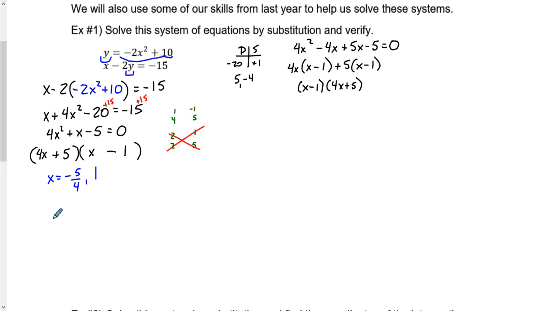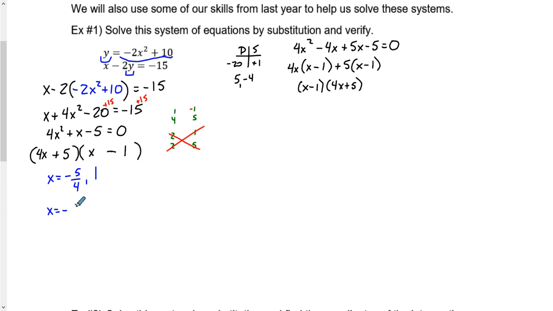When we solved it graphically, we needed to know an actual coordinate. We needed to know an x and y. So to find out what the y value is, we just have to plug it into our equation. Now, it works out really nicely in our first one because it already has things solved for y.